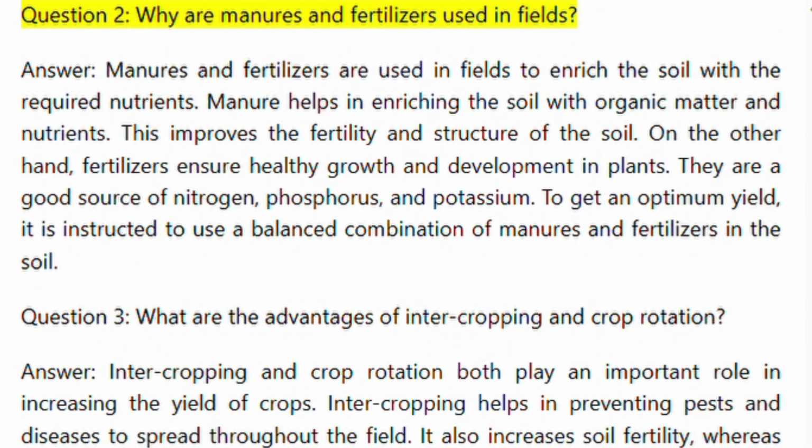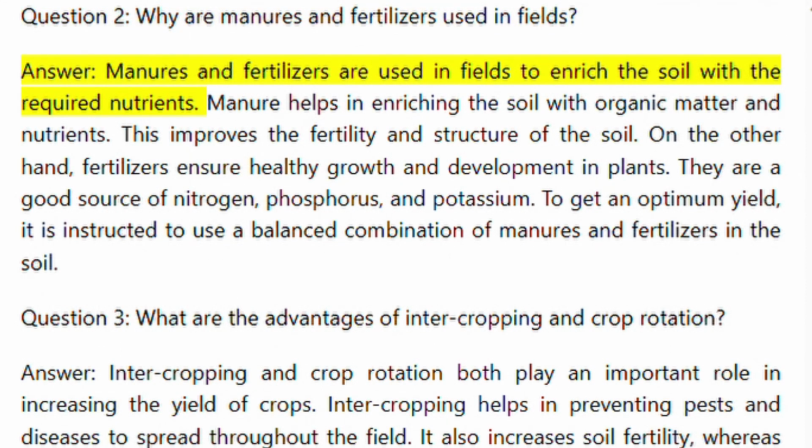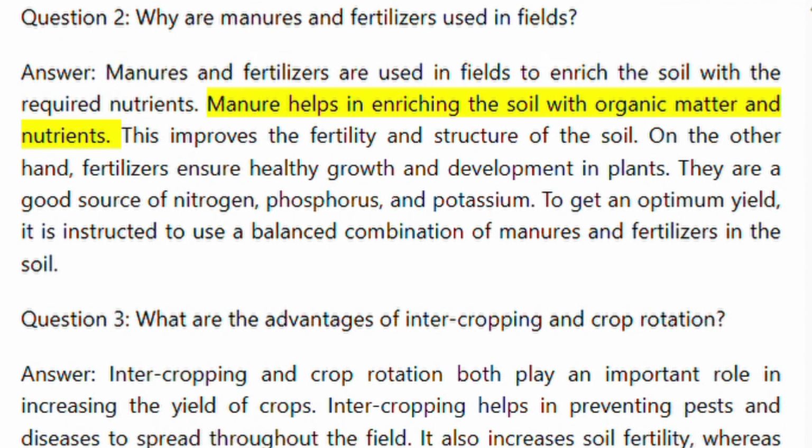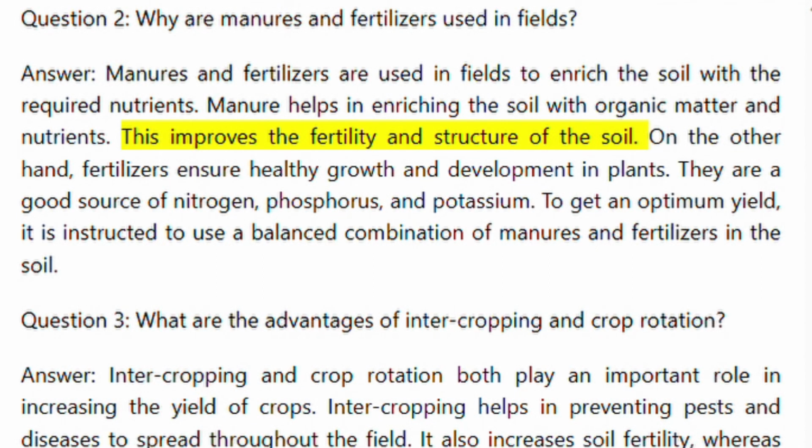Question 2. Why are manures and fertilizers used in fields? Answer. Manures and fertilizers are used in fields to enrich the soil with the required nutrients. Manure helps in enriching the soil with organic matter and nutrients. This improves the fertility and structure of the soil.